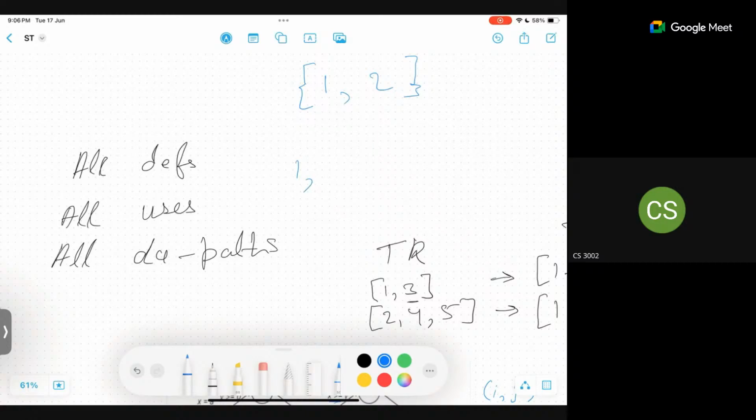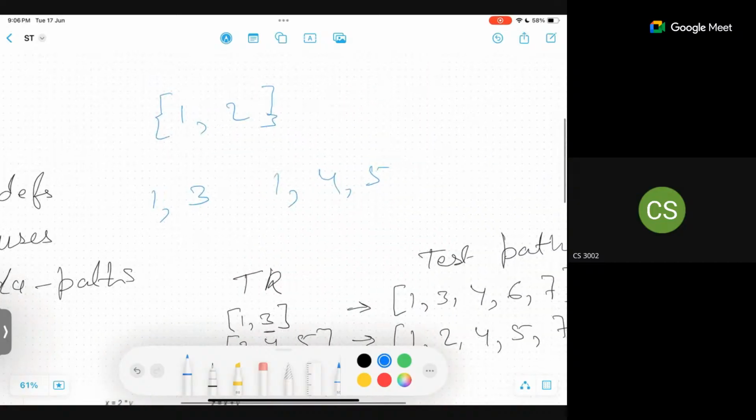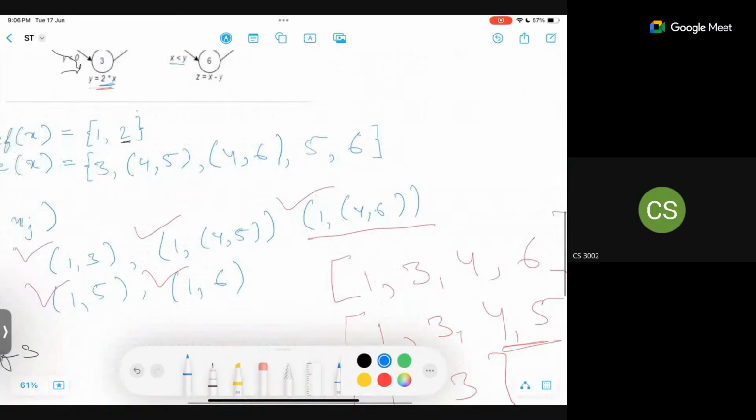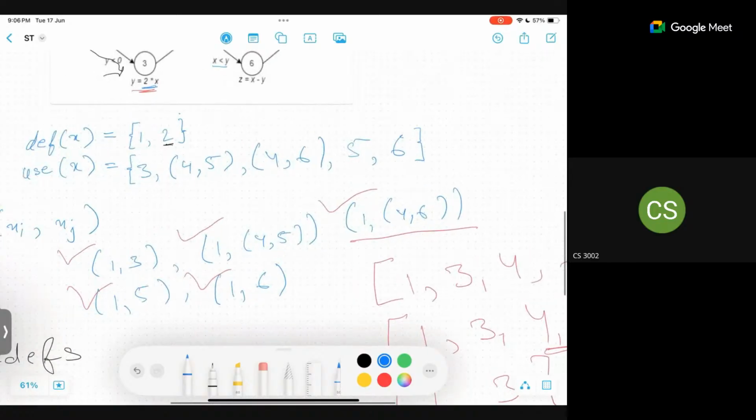So how many uses are there with one? 1 3 is one use. 1 4 5 is one use, right? 1 4 5 is the edge, right? And 1 4 6 is also a use, right? What else do you have as a def-use pair? 1 4 5, 1 4 6, right? 1 3 is there. Yeah.